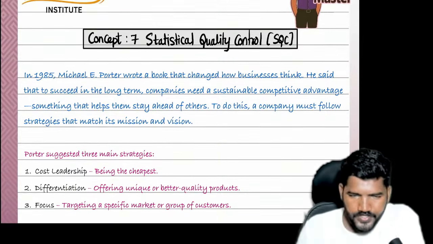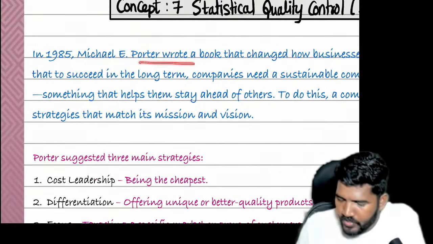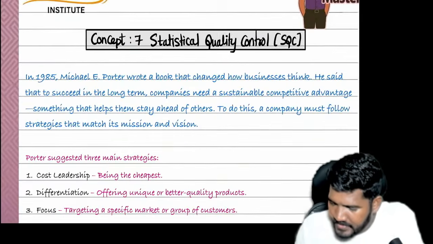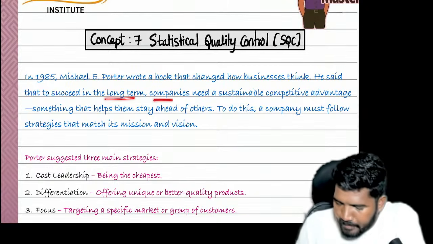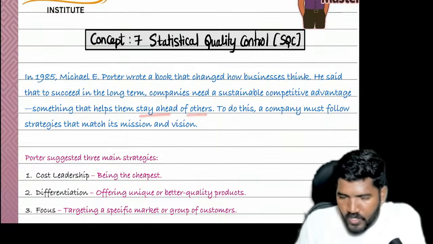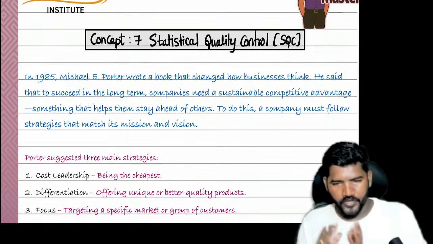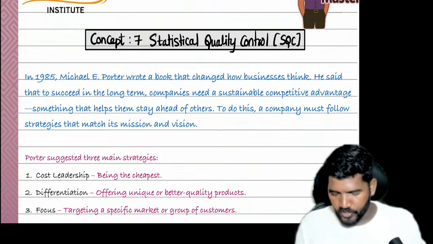Let us check the points. In 1985, Michael E. Porter wrote a book that changed how businesses think. He said that to succeed in the long term, companies need a sustainable competitive advantage, something that helps them stay ahead of others. So not a routine type, you have to be different compared to other product producers.